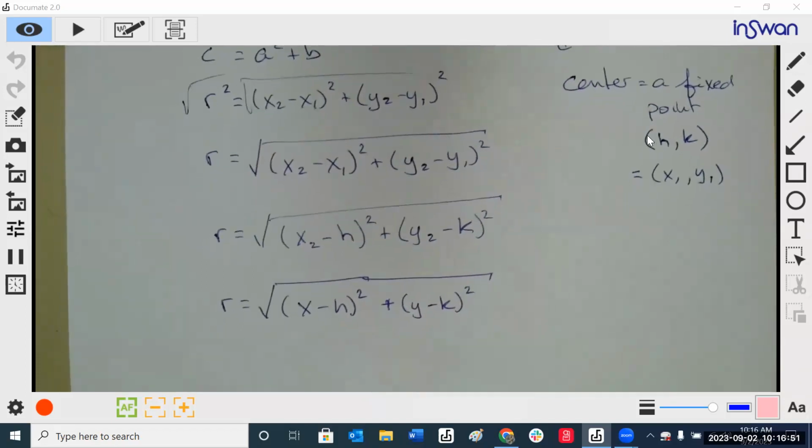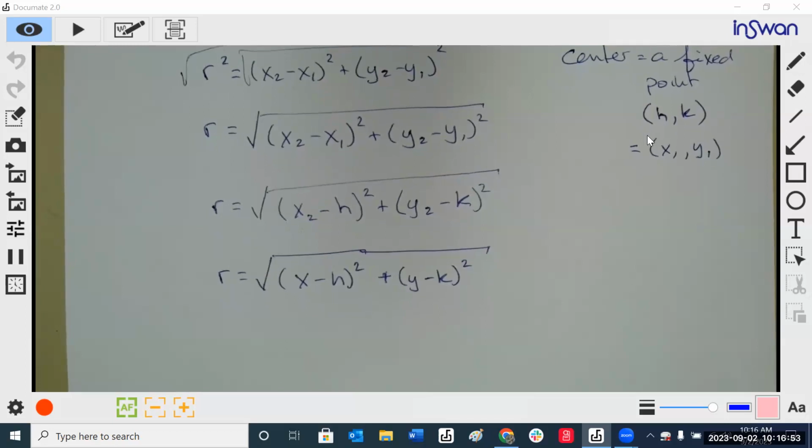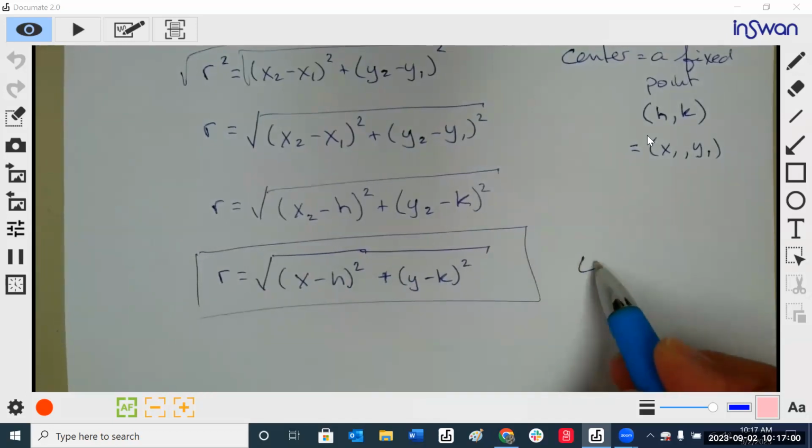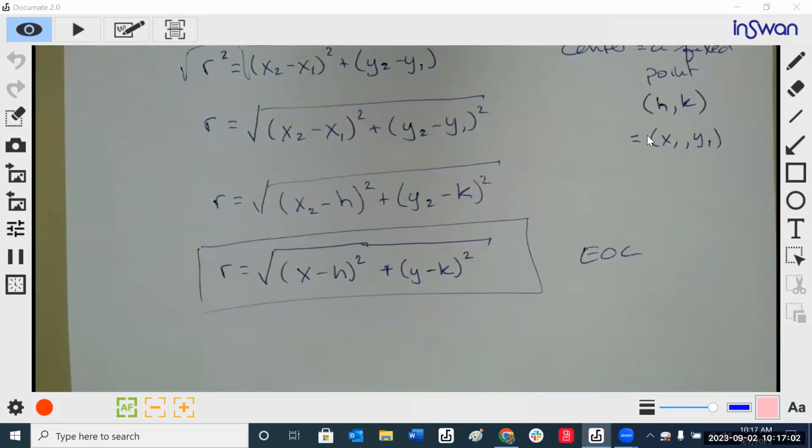the equation of our circle, is this. That's the equation of a circle.